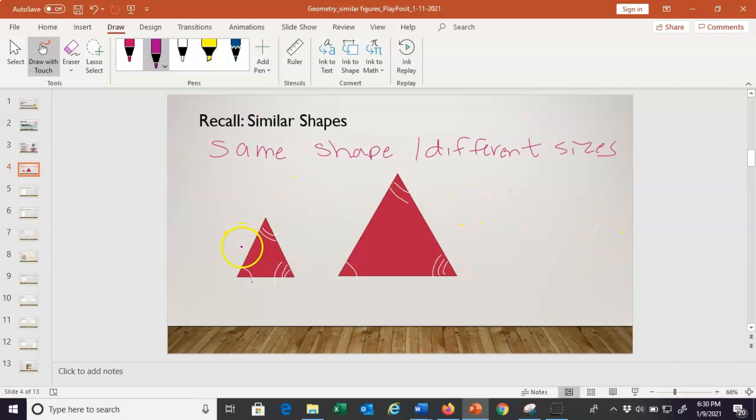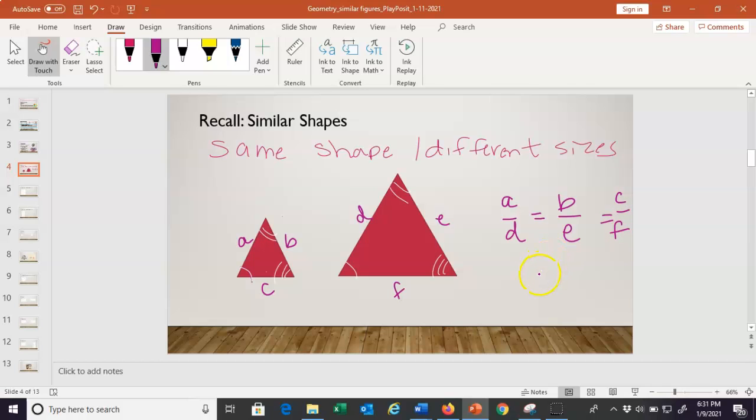So for the ease of writing, we could call this triangle ABC and this one DEF. To show that the sides are proportional, we would do A over D equals B over E equals C over F. You match up the sides, and it's really that easy.